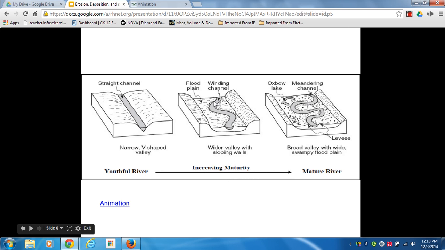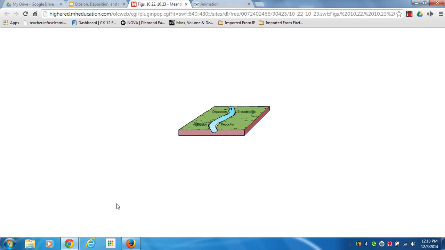That river is going to begin to meander back and forth, and we get a much wider channel, and you see the floodplain on either side. And then as the river becomes very mature, we start to see even more meandering, and maybe even some oxbow lakes have formed. So if we take a look at this animation, it shows us how that actually happens.